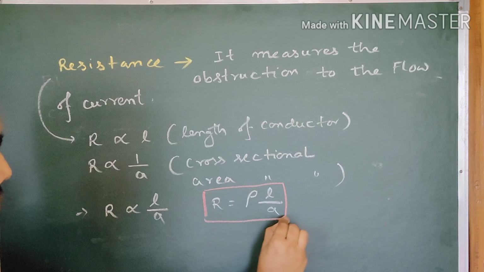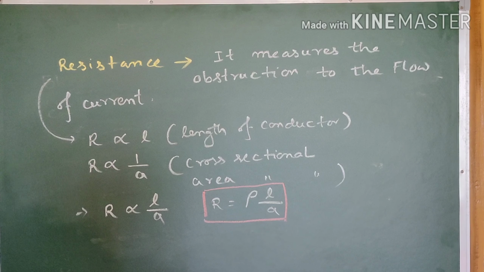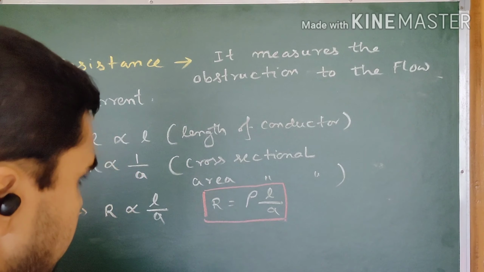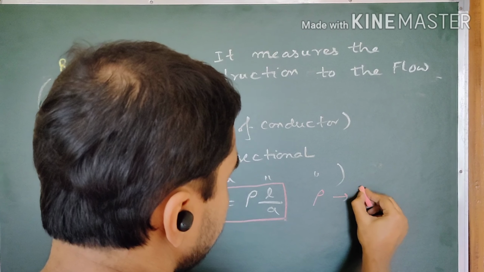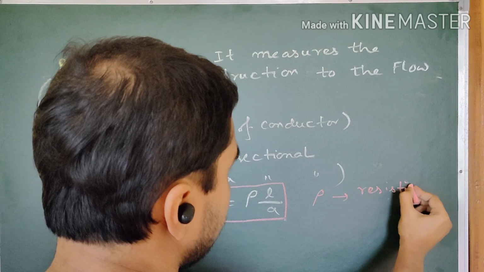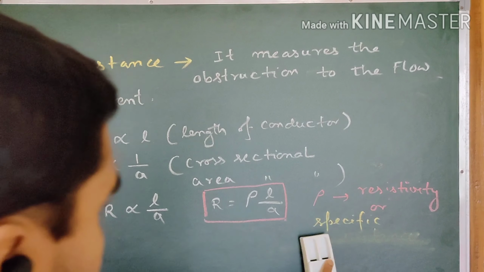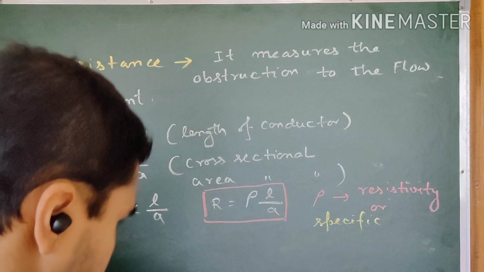Now this rho that we have written is known as the resistivity, or specific resistance.